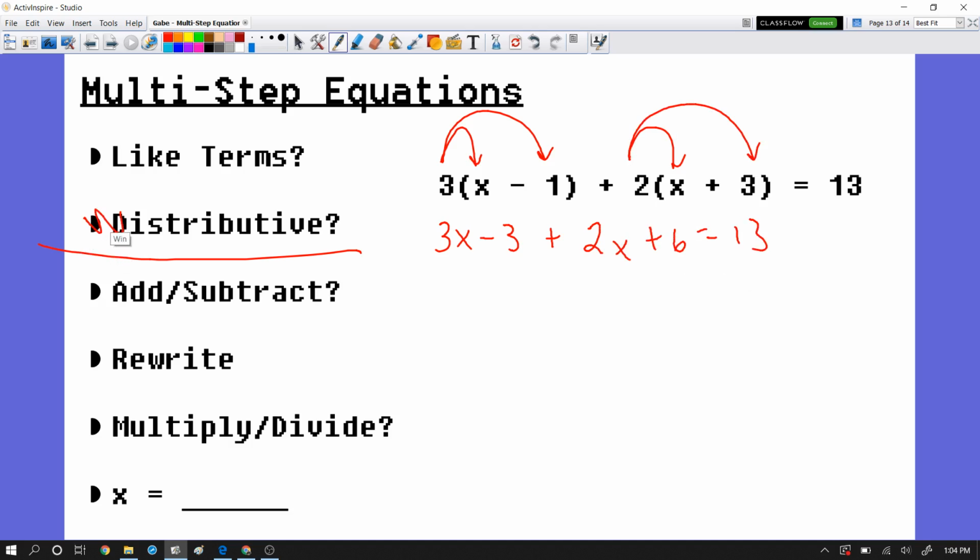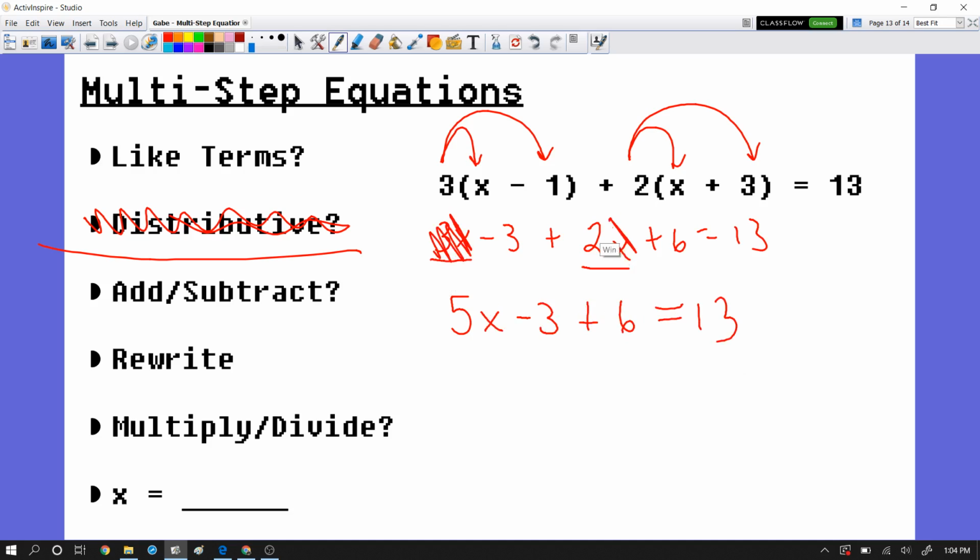Like terms. So we took care of all the distributive. Like terms, anything with an x behind it. So you got a positive 2x and a positive 3x. That'll give you 5x minus 3 plus 6 equals 13.